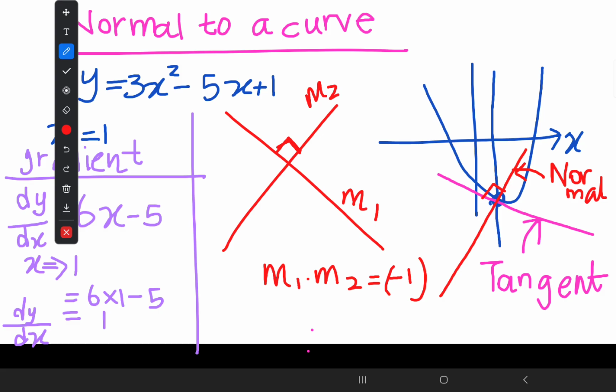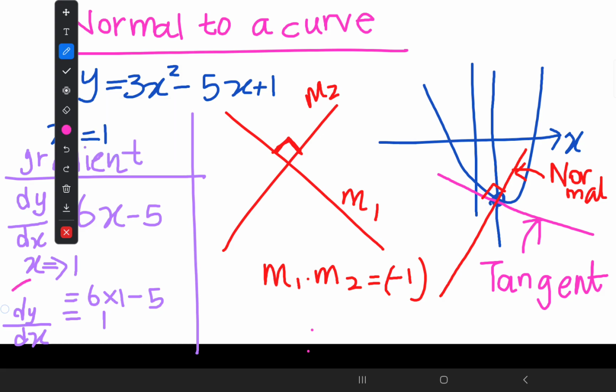There I told you that if this graph's gradient is m1 and this graph's gradient is m2, and they are perpendicular, the multiplication of those gradients will give you -1. That's the thing we have to apply in this question also.